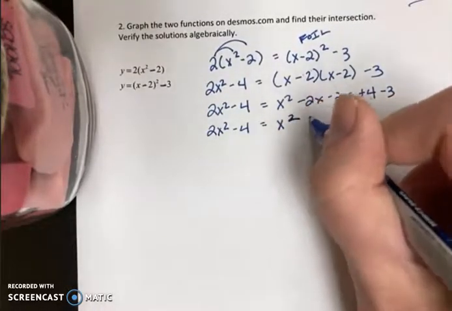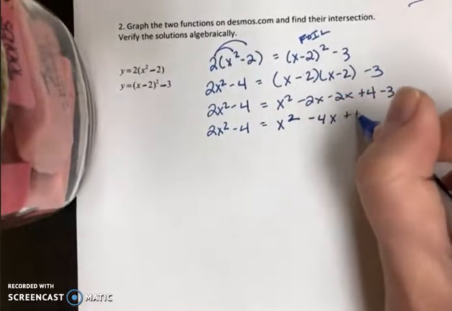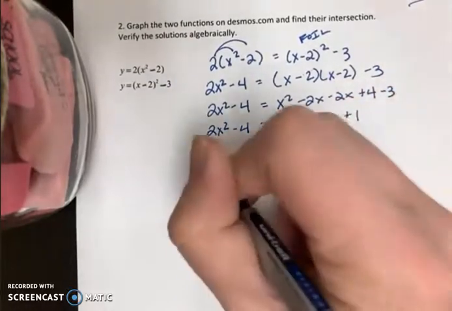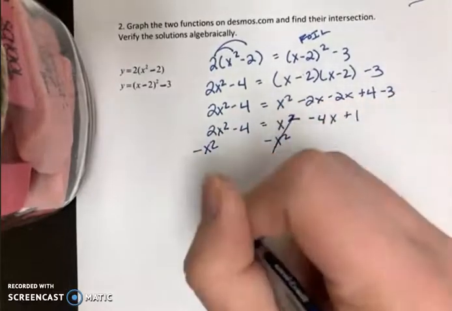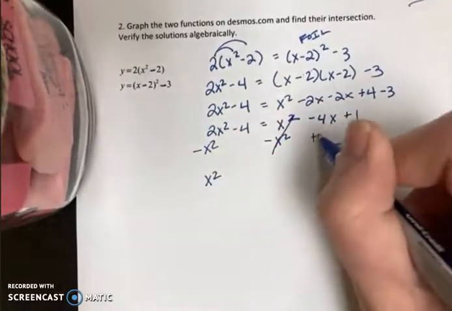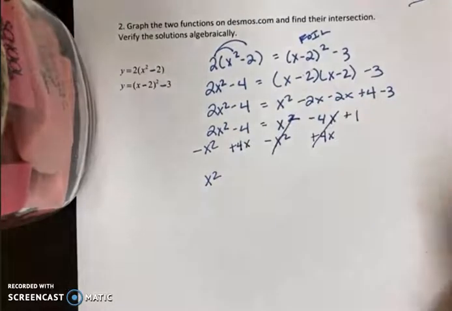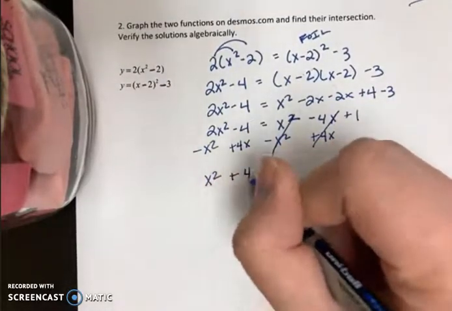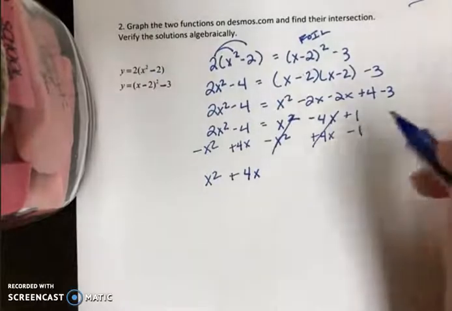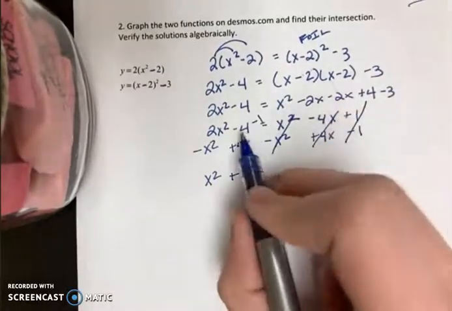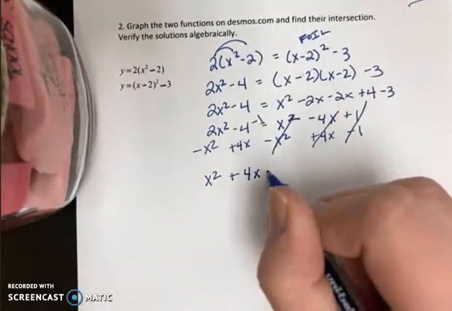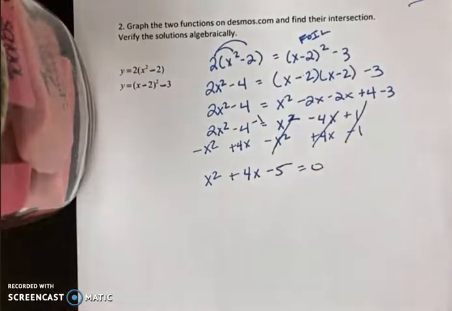So now I'm just subtracting an x squared, which gives me x squared. I'm adding a 4x, and that does not combine with anything on the left-hand side, so I'm going to leave 4x. And then minus 1. Negative 4 combines with negative 1, which gives me negative 5, equals 0.